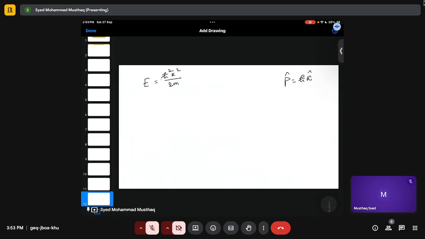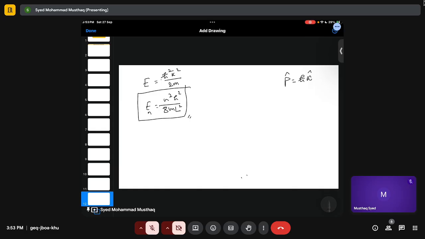And we know what my k is, so if I write it here, it should be n squared h squared upon 8mL squared. So these are my energy values.